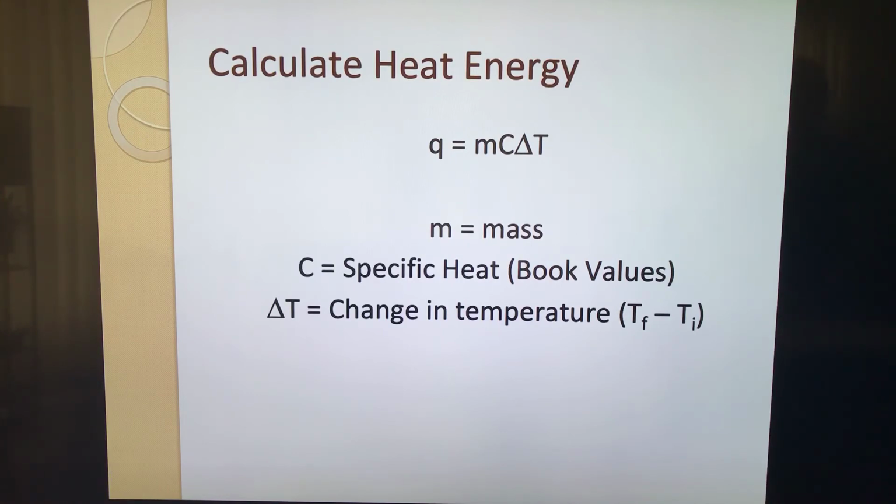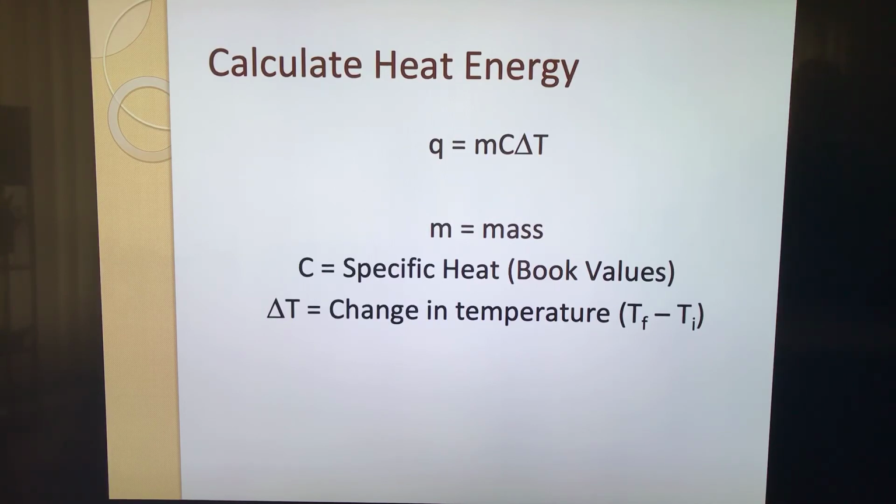So we call them book values. For our purposes here at the beginning, I will be providing you with what the specific heats are, but you can look them up. These are not to be found on a periodic table because we have specific heats for molecules as well as elements. And delta T, the change in temperature, remember we talked about final minus initial.